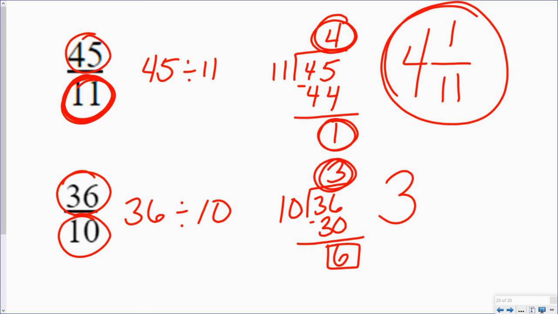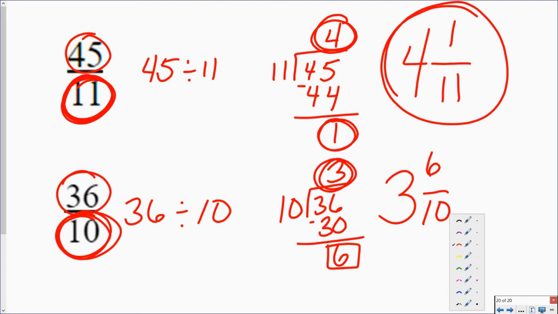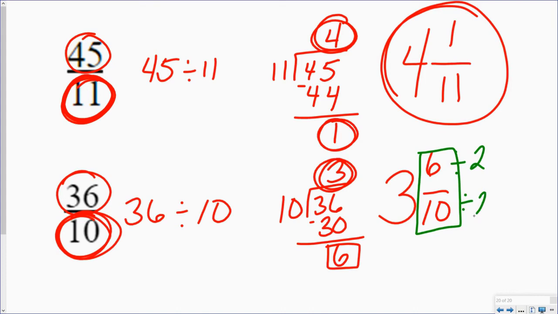The leftover was 6, so that's my numerator, and my denominator stays the same, which is 10. But if you notice in this one, 6 and 10 in my fraction are both even numbers, so they are both divisible by 2. So if I take 6 divided by 2, that gives me 3, and 10 divided by 2 gives me 5. So my simplified mixed number would be 3 and 3/5.